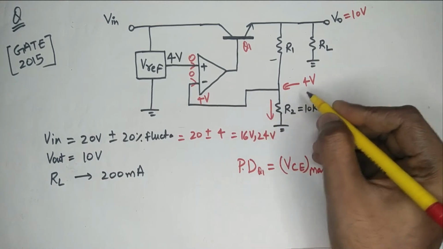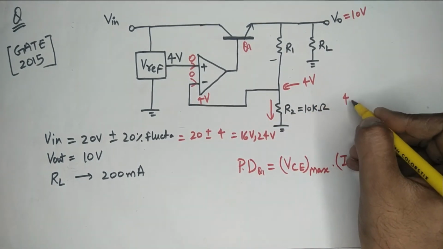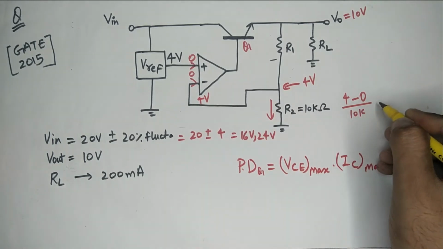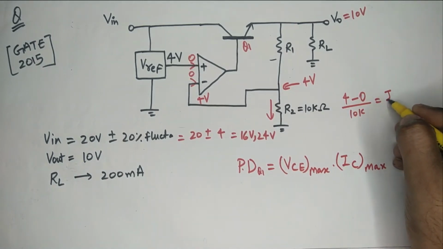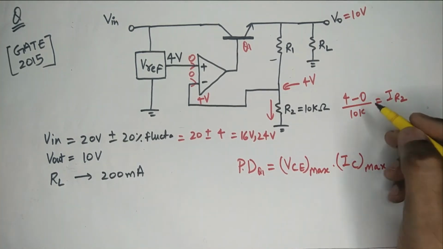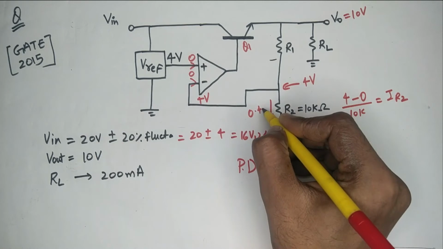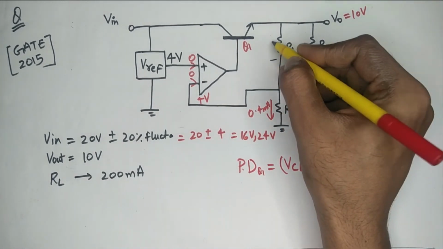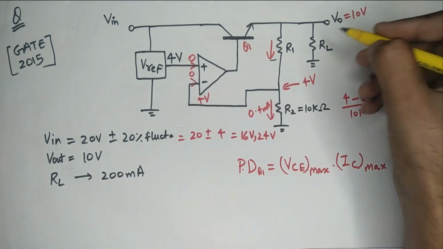The current through R2, IR2, will be given by 4 minus 0 upon 10k. If we solve this, we will get 0.4 milliamps, and the same current will flow through R1.